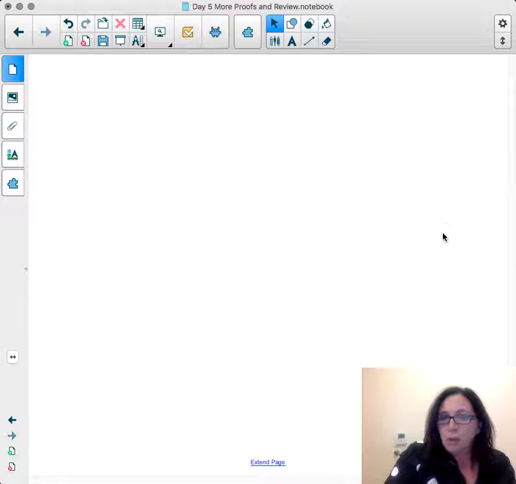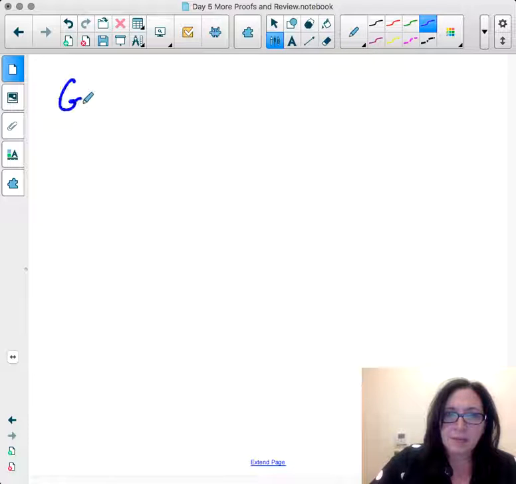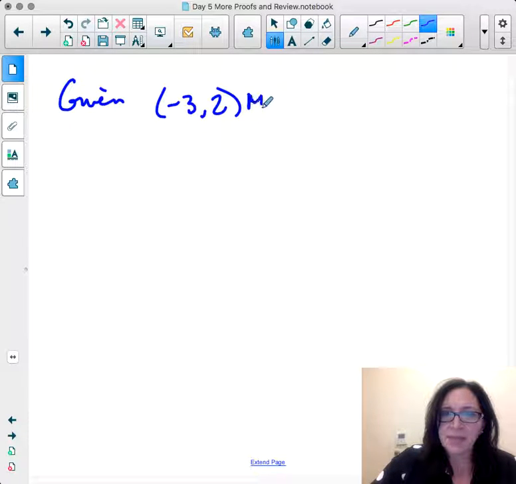But there's one other problem that I wanted to do, and this was given, let's see here, given this point, which is, let's say, negative 3, 2. And let's say that's my midpoint, okay? And you're given the other endpoint, let's say 1, 4.